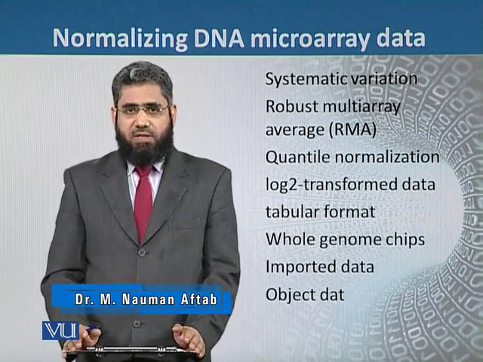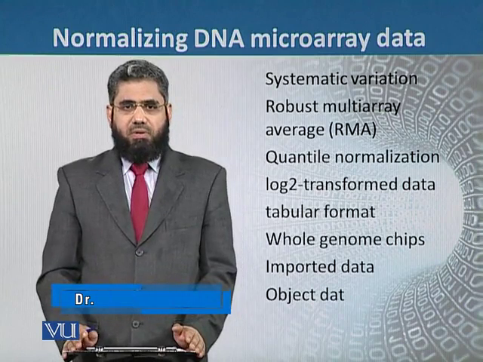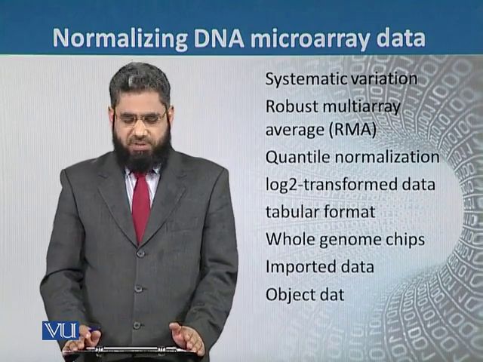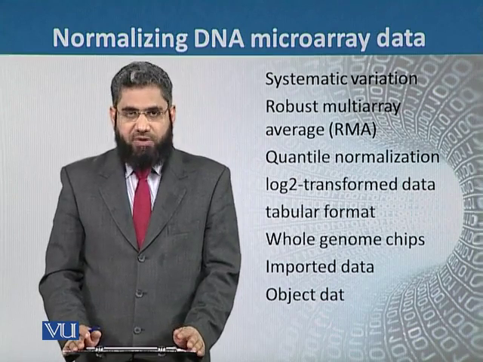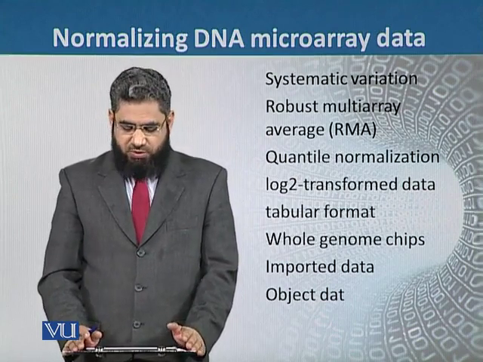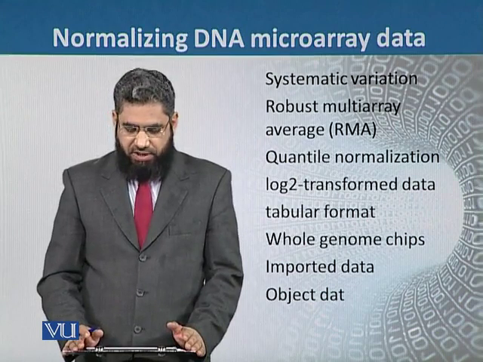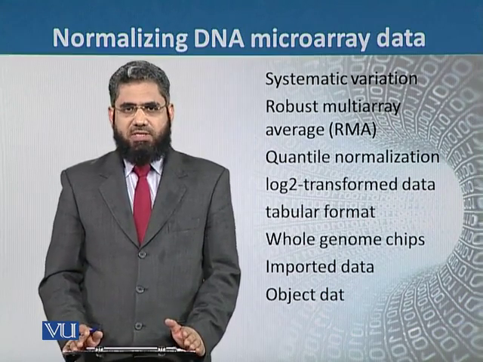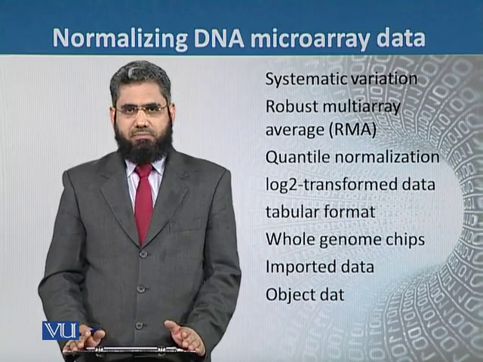But unfortunately, the normalization is performed differently for different types of data. For example, for the Affymetrix data, we can use the robust multi-array average program to normalize the data.